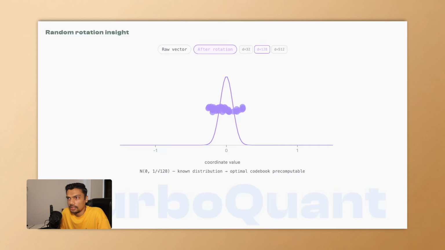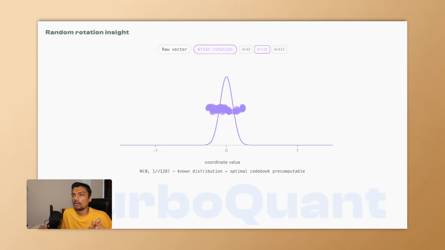Furthermore, this is the crucial technical insight: distinct coordinates of a random unit vector become nearly independent in high dimensions. This is a deeper result than just being uncorrelated, as near independence means we can quantize each coordinate independently using a scalar quantizer designed for the beta distribution, without worrying about interactions between the coordinates.